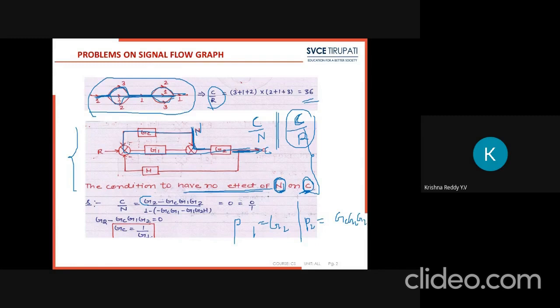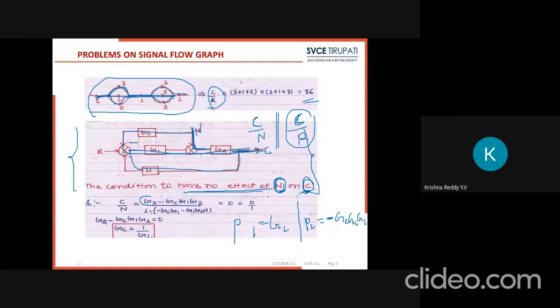The GC having negative sign, that's why we are appending minus GC, G1, G2. We are having only one loop, this one. That's why delta 1 is equal to 1, delta 2 equal to 1, because this loop touches both the forward paths.